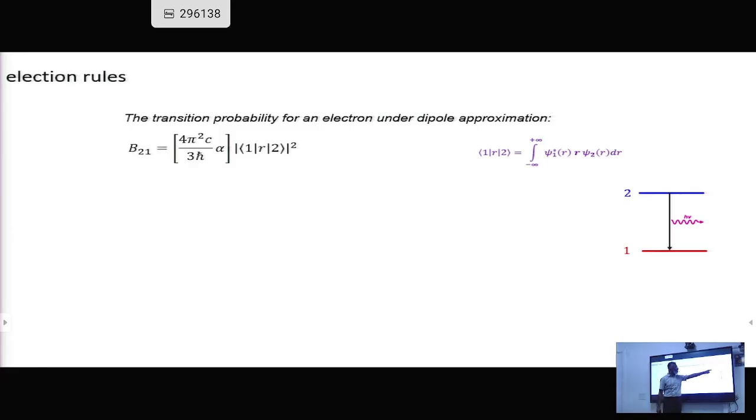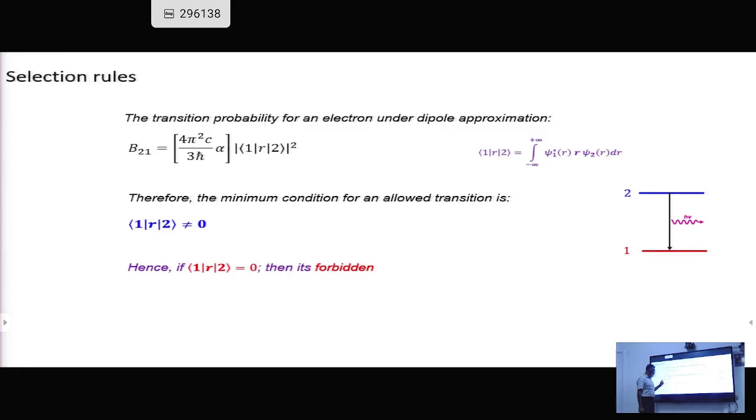The bracket notation is nothing but this. So this is the transition probability that an electron will go from P to 1 when this is true.